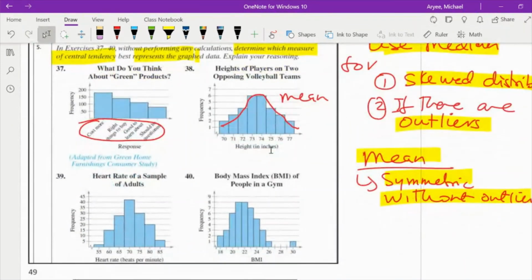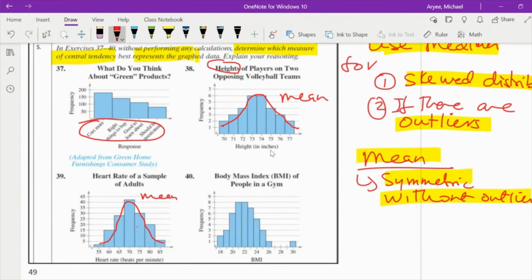All right, these are the heights. Remember when we talk about the weight, it looks like the height of the volleyball players are more bell shaped. That's nice. Okay, now these are adults. So here this looks symmetrical too, right? It looks very symmetrical to me. All right, so we're going to use the mean here.